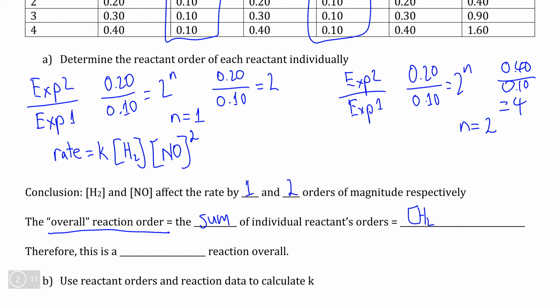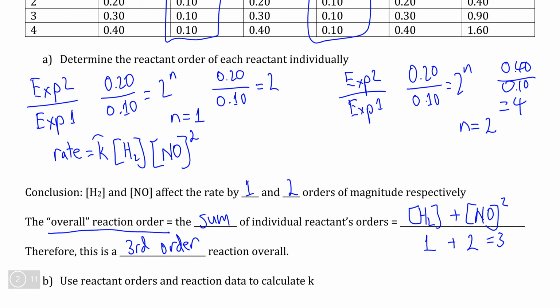So we know that the order of hydrogen gas's concentration is 1, and we add to that the order of nitrogen monoxide's concentration, which is 2, meaning that we have a third order reaction overall, meaning that there is a cubic relationship between all of our reactants' concentrations and the overall reaction rate.